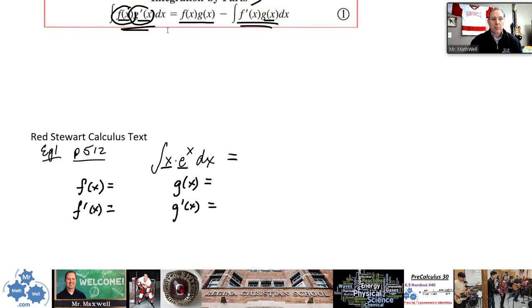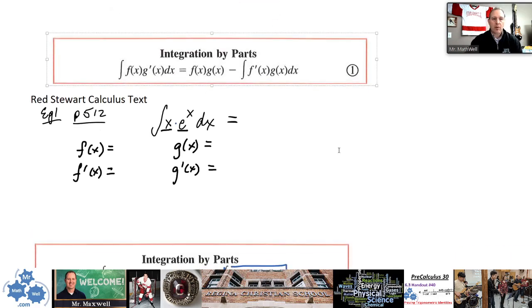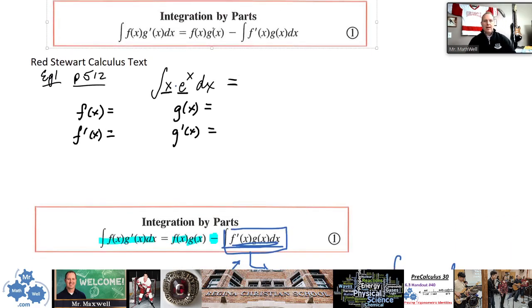Okay, so let's bring this back down so I can see my formula. Right now, this x is going to be the f of x. Do you see that? This x right here is in the place of f of x, so I've got x here. Okay, what's the derivative of x? That's 1. So I've got f of x, and I've got f prime of x.